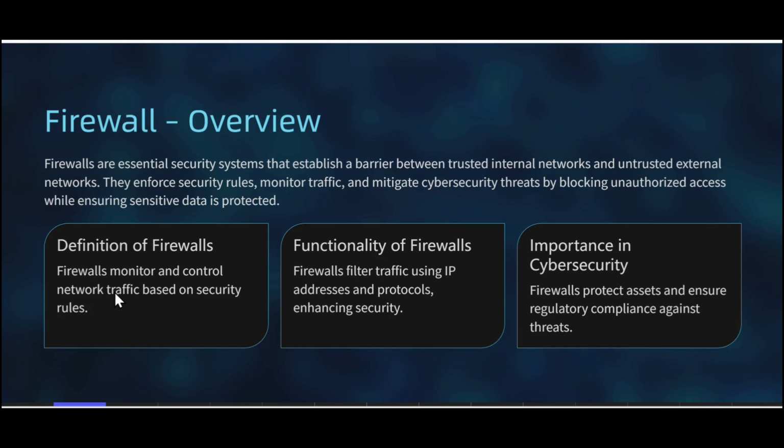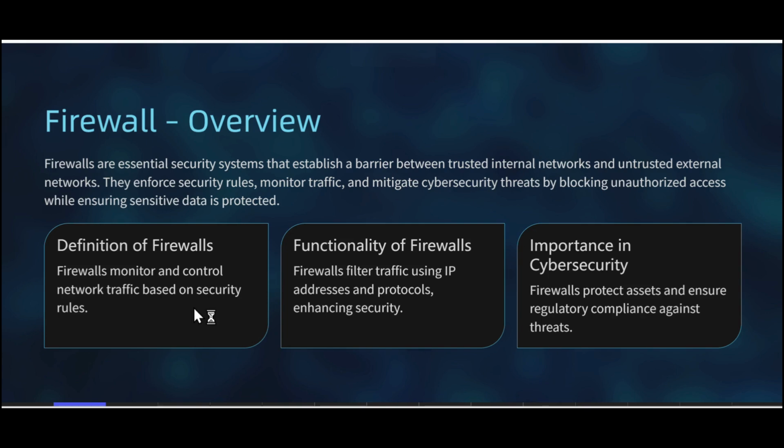Firewalls play a vital role in cybersecurity because they prevent unauthorized access. Second, they protect sensitive data. Third, they help organizations comply with security regulations. Now let's look at the types of firewalls.